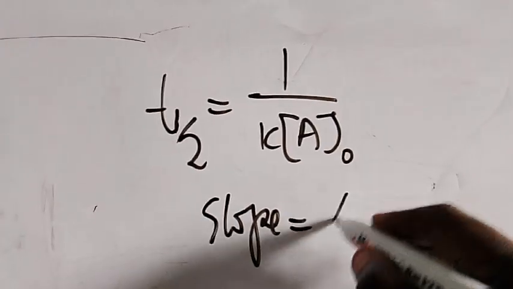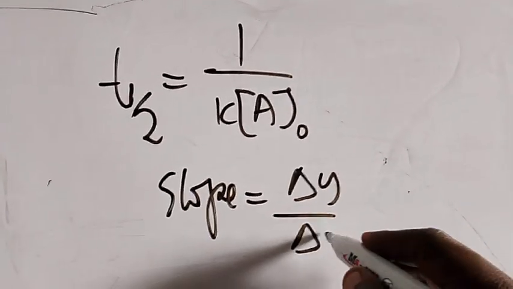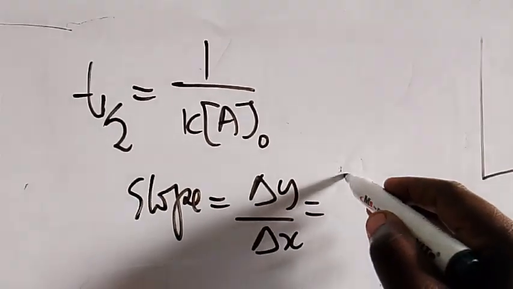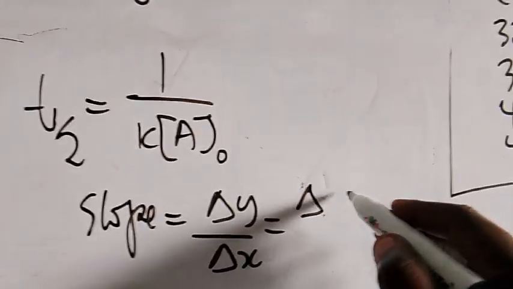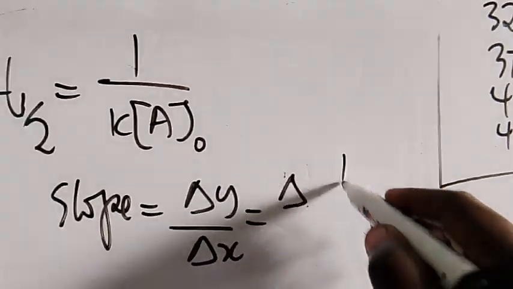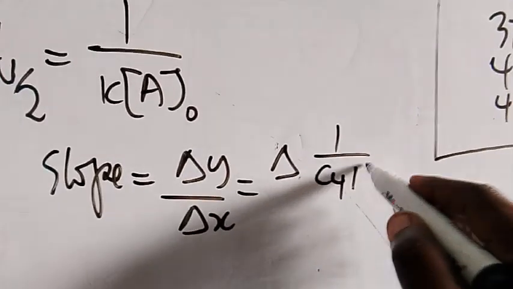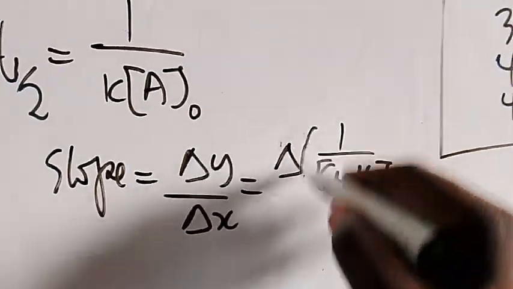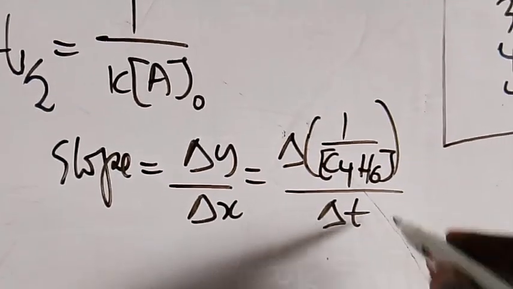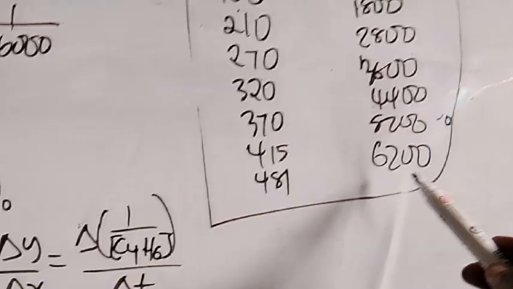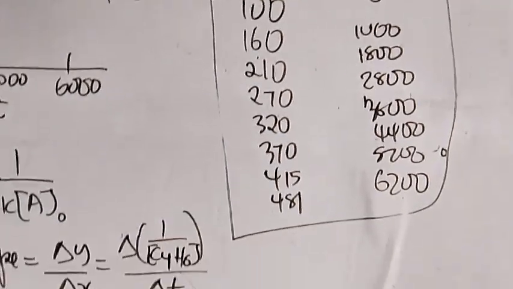Okay, so slope is equal to delta y over delta x. So in this case it will be delta 1 over C4H6 over delta t. So we can pick first and last points.